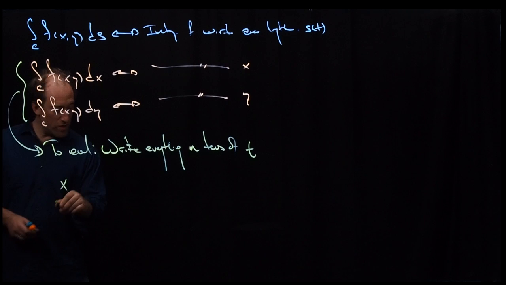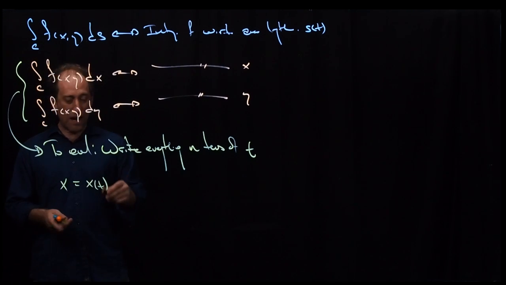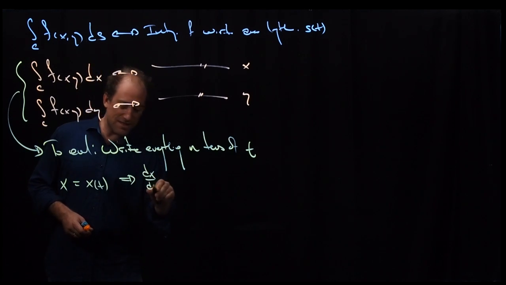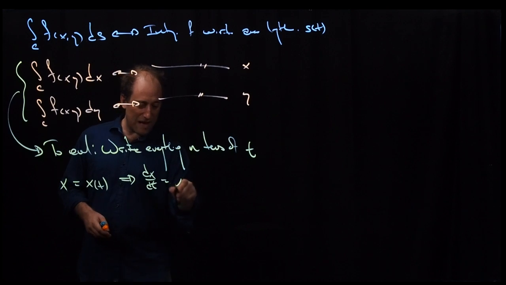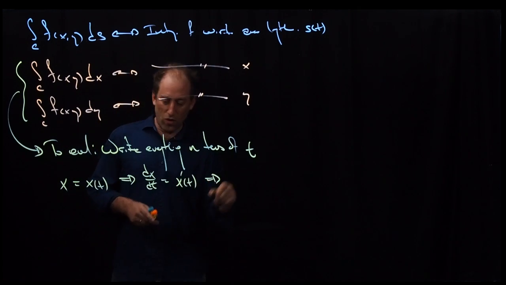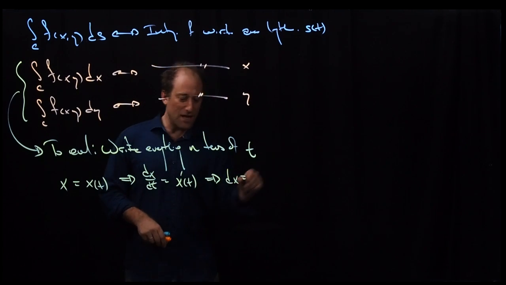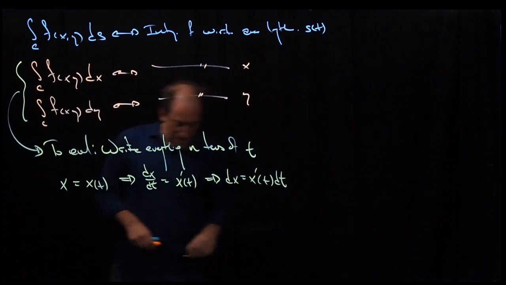That means, for example, write x as a function of a parameter t. That will get me then dx dt is equal to the same thing as x prime of t, or, namely, this dx there, I can call x prime of t dt.